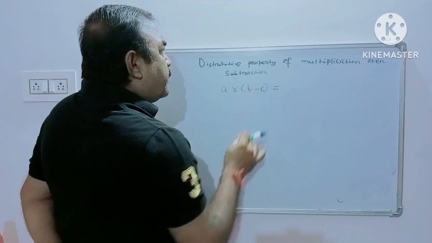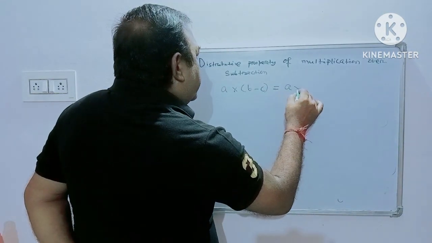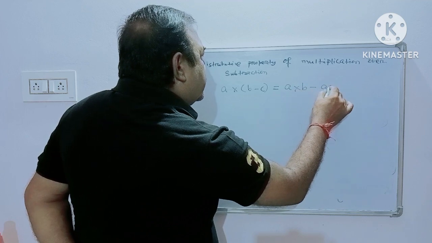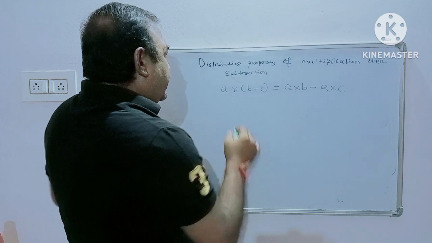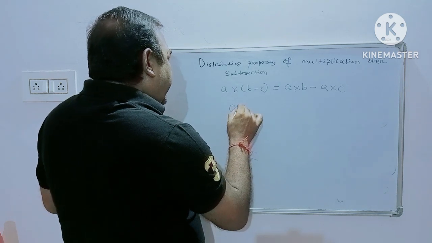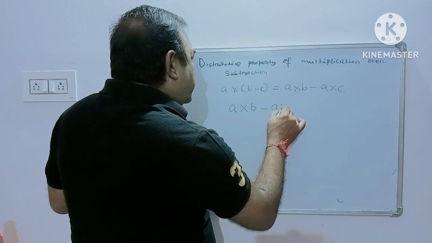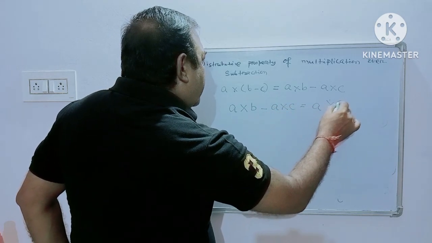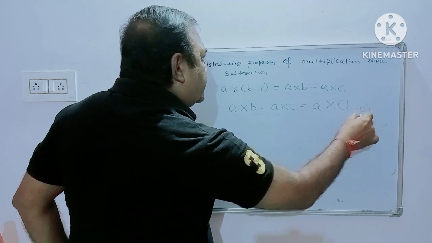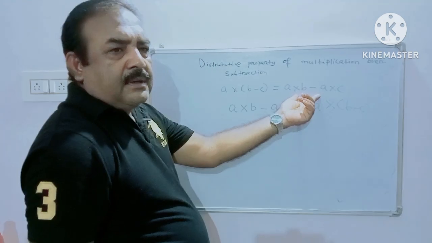This is the distributive property of multiplication over subtraction: A into B minus A into C. And you see, we can also think, if A into B minus A into C, we may write like this: A whole into B minus C. This was in the left hand side and this is in the right hand side.